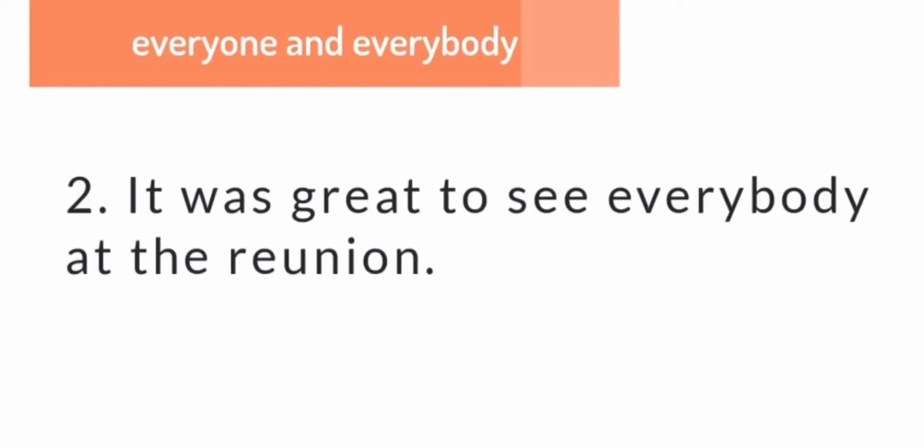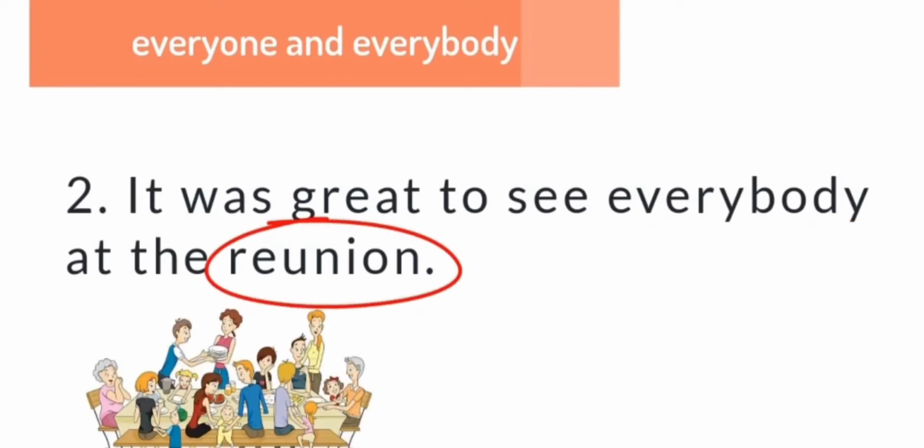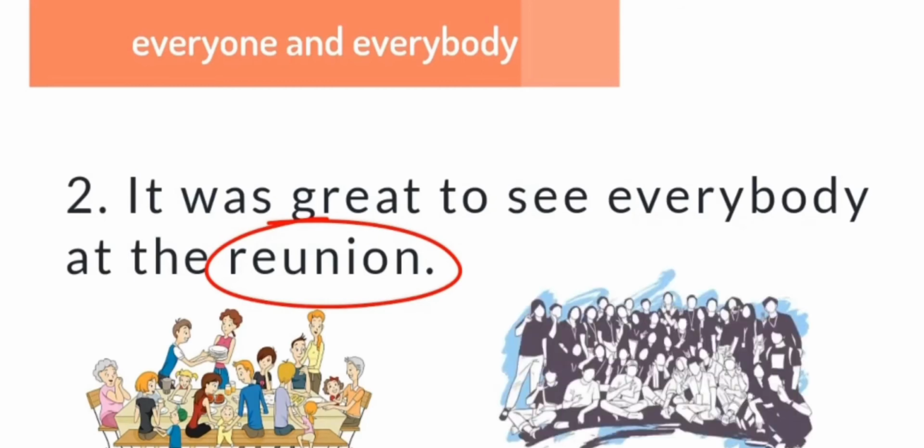Another example, it was great to see everybody at the reunion. Here, everybody refers again to all the people, and the group in this situation is the reunion, because it could be a family reunion or a class reunion.